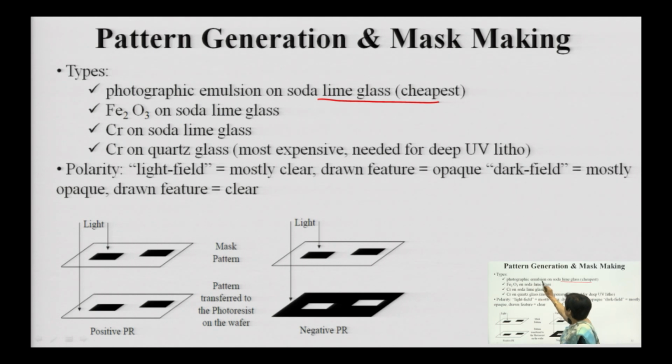You can have soda lime glass, which is the cheapest one, then you can have Fe2O3 on soda lime glass, that is ferric oxide, and this will make the layer opaque and the patterns will be created onto this. Then you can have chromium, I told you it is slightly expensive. Fourthly, you can have quartz glass with a chromium coating onto it. Now, the quality of the coating will decide the pattern that is going to get transferred onto the wafer.